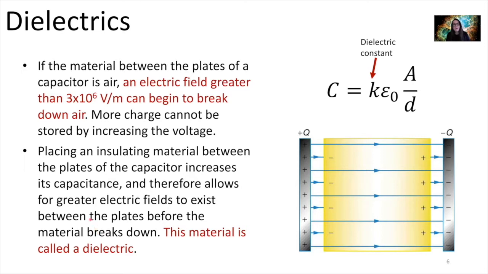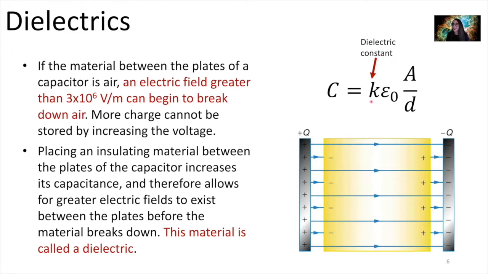Eventually, you'll also reach an electric field within the capacitor where that dielectric begins to break down too, but you can still get to higher electric field strengths inside a capacitor whenever you insert a dielectric. When you insert a dielectric into the capacitor, that increases the capacitance by a factor that we call the dielectric constant.